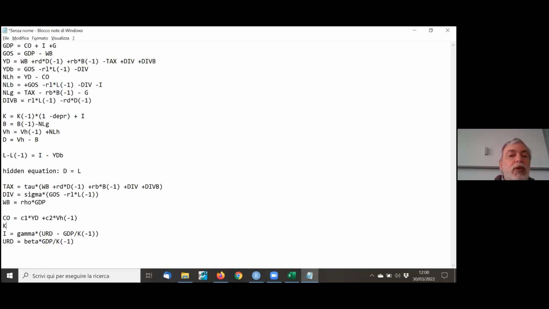So we say that the stock of capital at time t will increase by a fraction of the gap between the opening stock of capital and the desired, what I call beta times GDP, K, GDP minus 1.